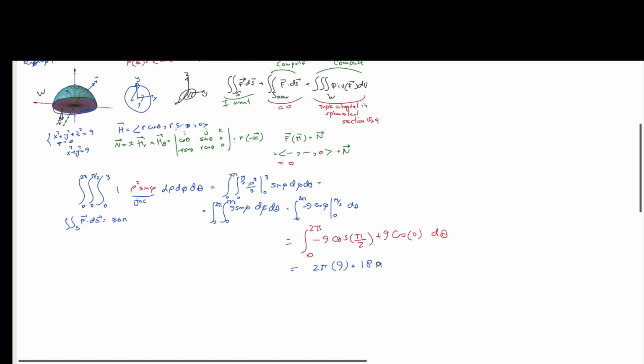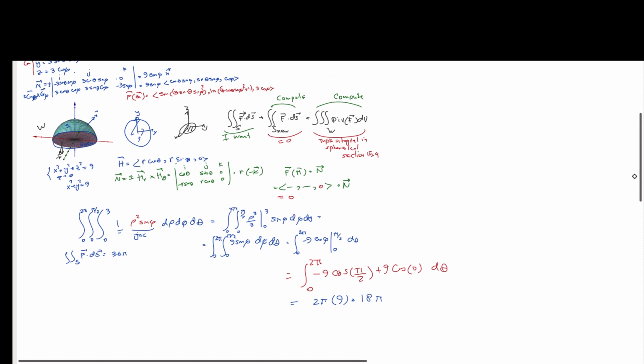Now this is the triple integral of the divergence. This was the divergence that we computed. Going back up here, what we computed is 18 pi, and this other alternative surface integral was 0, and the sum of the two surface integrals is supposed to be 18 pi.